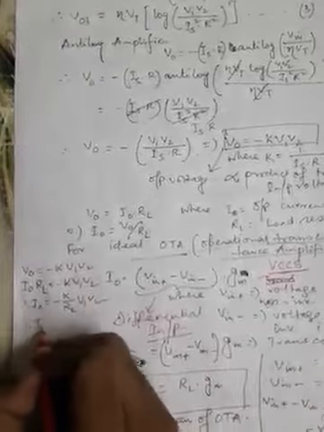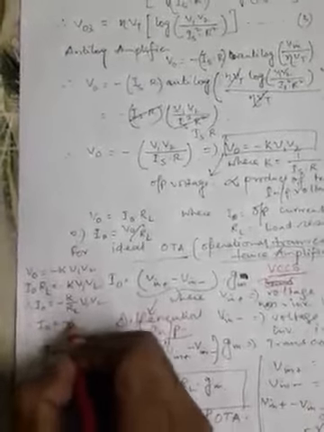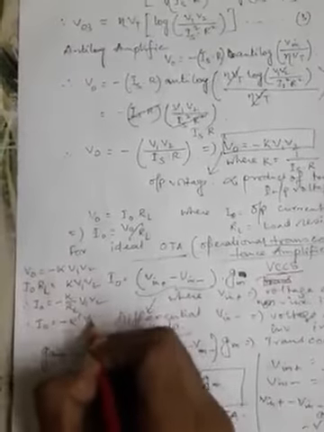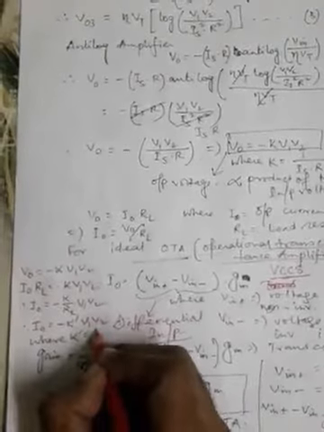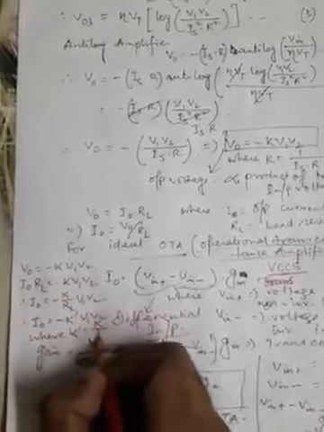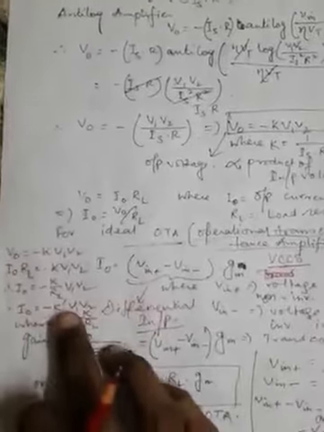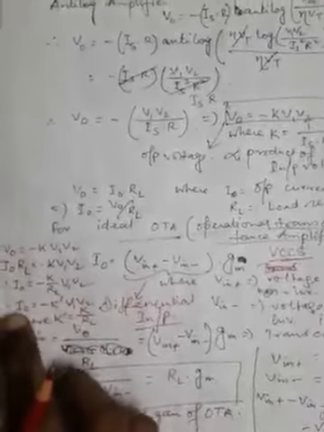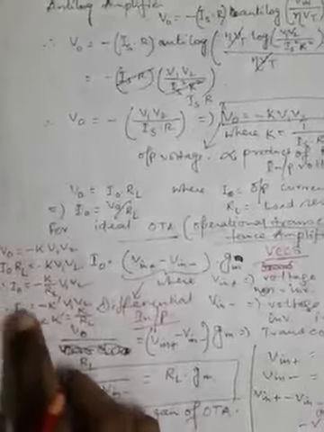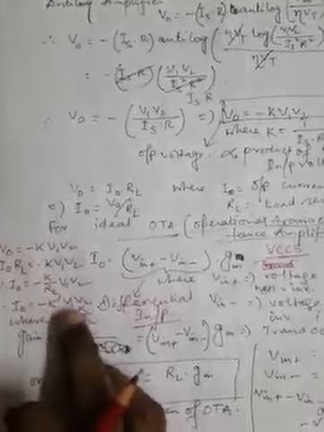Now if we write IO in this fashion, equal to minus K prime V1 V2, where K prime is given by K by RL, then by introducing the load resistance into this expression, we are seeing that this IO is given by minus K prime V1 V2.